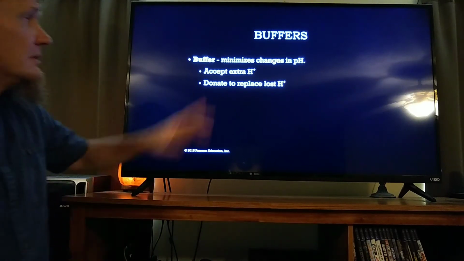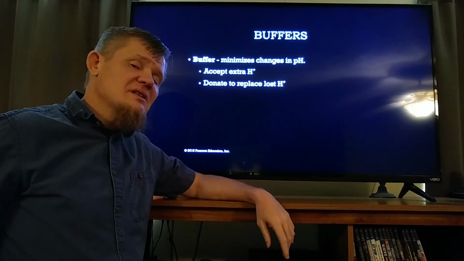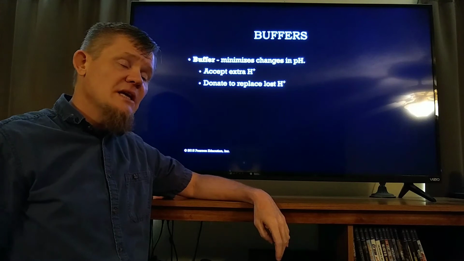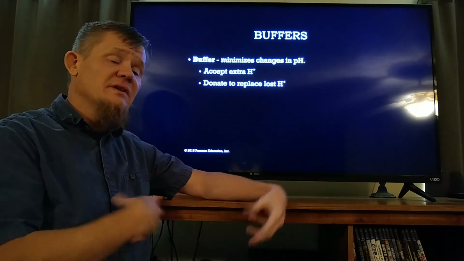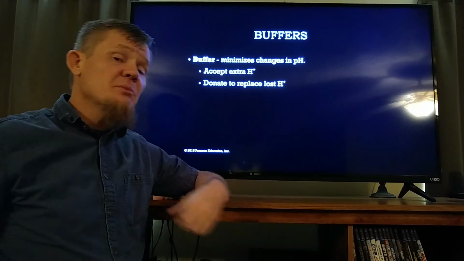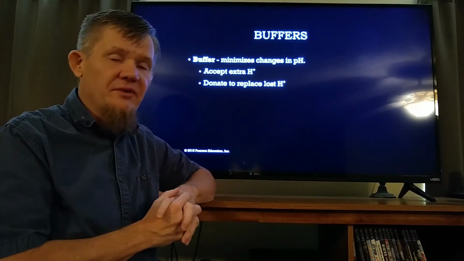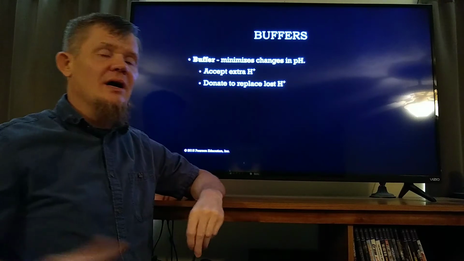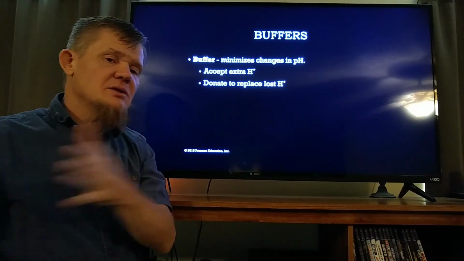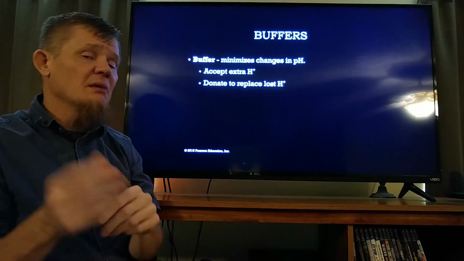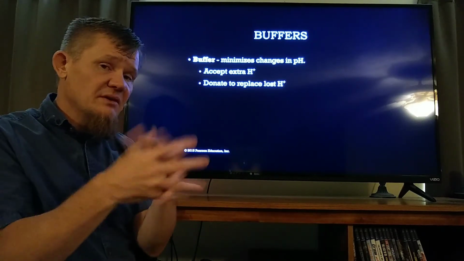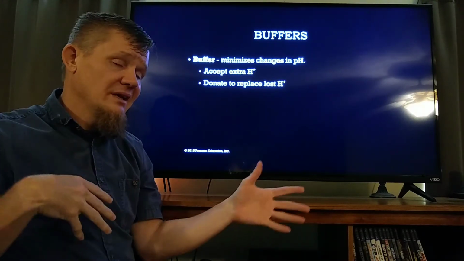A buffer is something that resists changes in pH. So if I add a bunch of acid to a buffer, it's going to remove it, it'll neutralize it. If I add a bunch of base to a buffer, it will neutralize it. It tries to bring the pH back to normal. You can make a buffer that keeps stuff at 7 or at 6 or at 8 or at 10 or at 4.